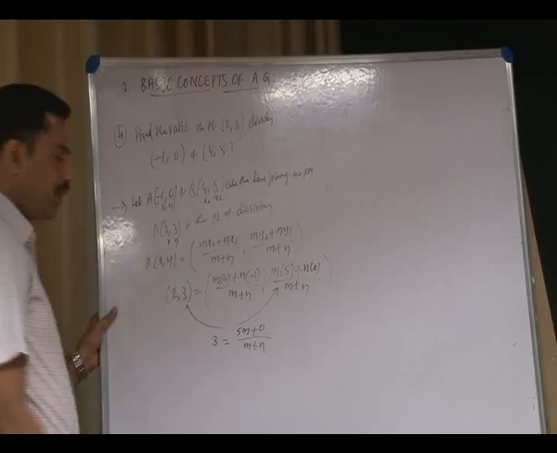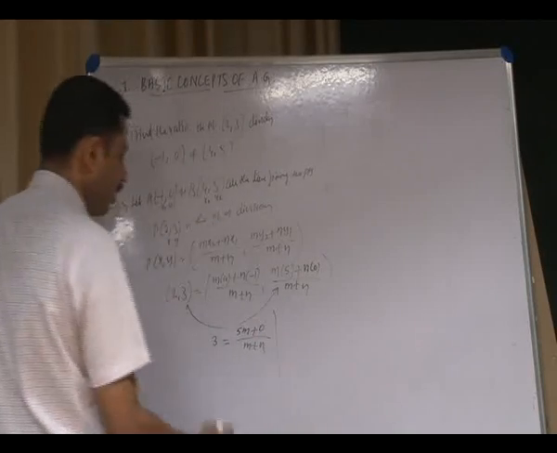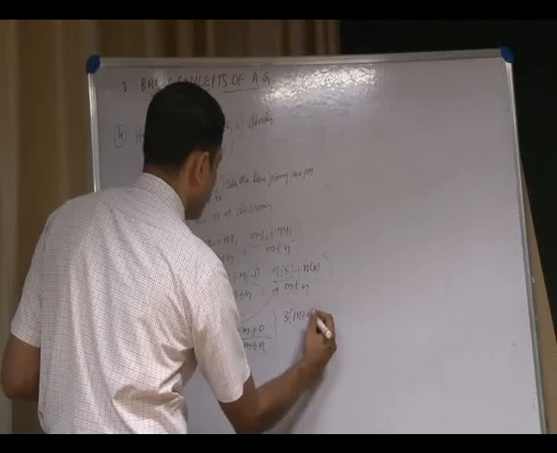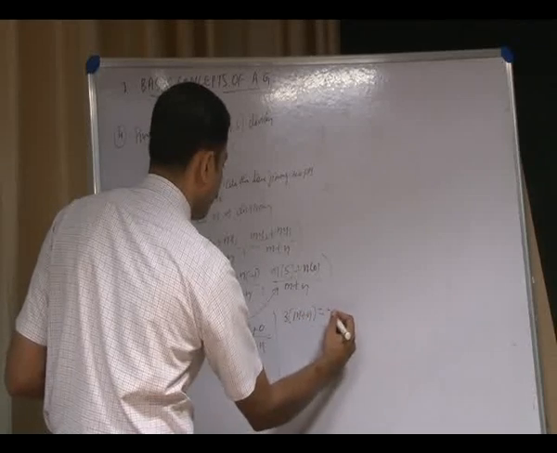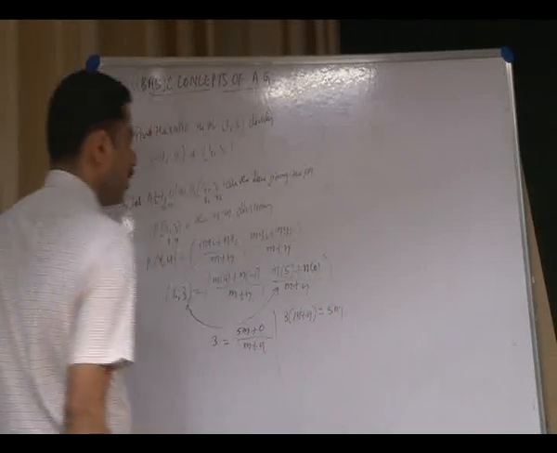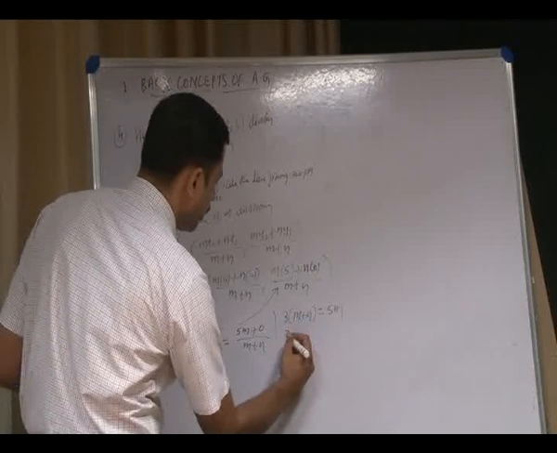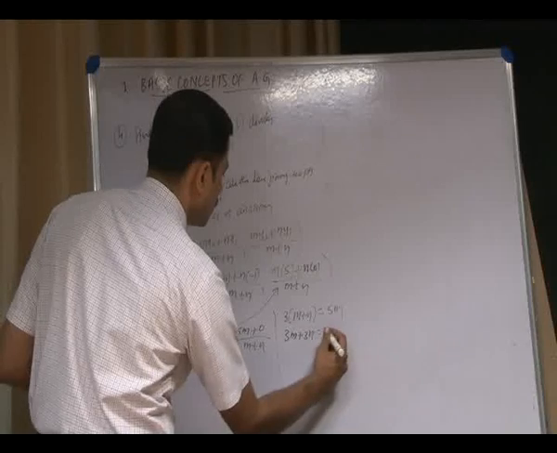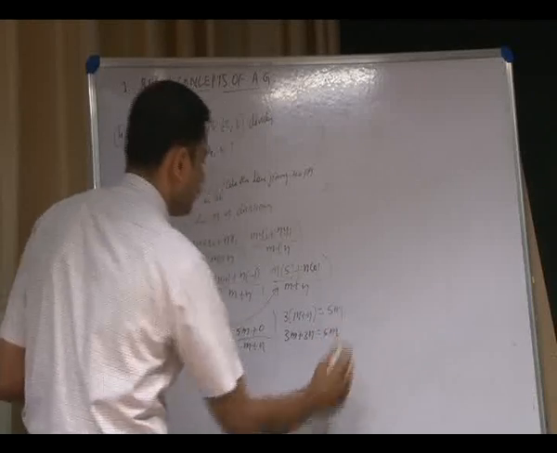By simplifying, cross multiplying, we get 3 into m plus n is equal to 5m, or multiplying by 3 you can write 3m plus 3n is equal to 5m.